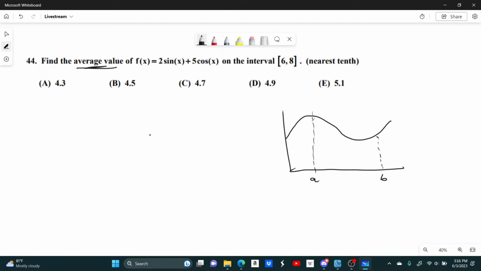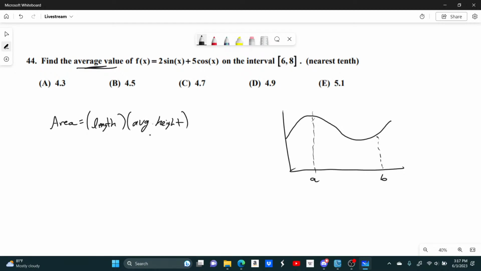So those of you that have taken calculus are familiar with the idea of the area under the curve being the limit of a bunch of rectangles. And so what you can do is if you find the area, you can say that that's equal to the length of your interval multiplied by your average height.